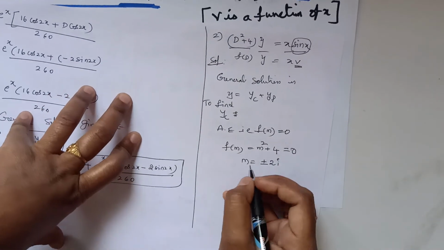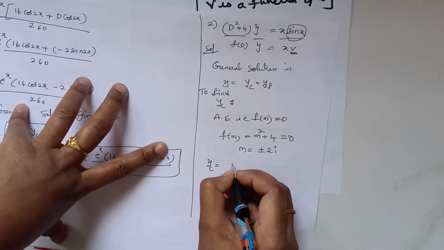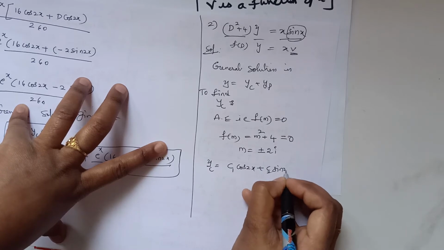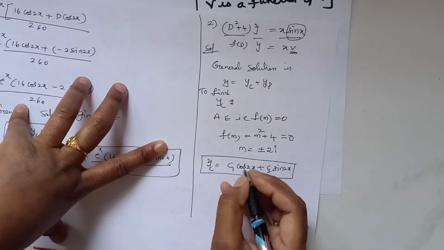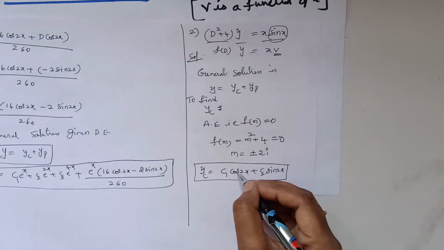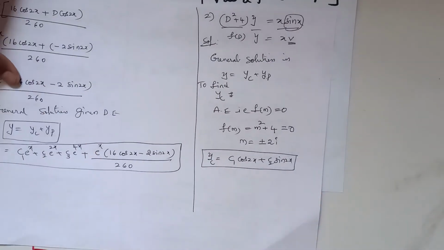We got conjugate complex roots. Therefore, complementary function yc is equal to c1 cos 2x plus c2 sin 2x.